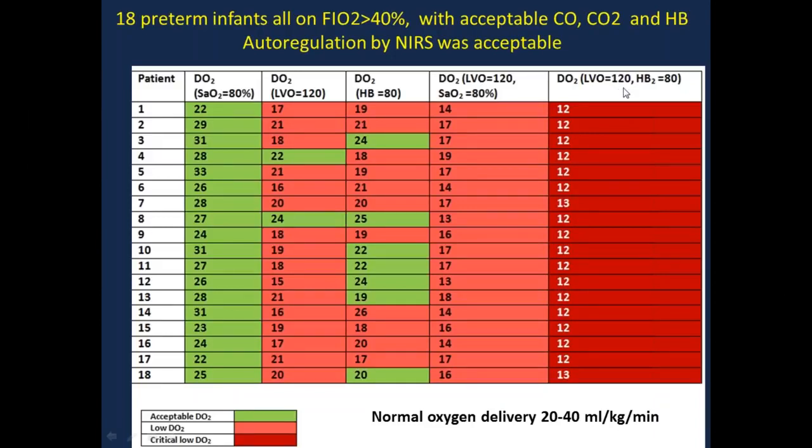We kept saturation the same, but reduced the cardiac output and the hemoglobin, and we recalculated the oxygen delivery again, and the result was critical. So now we understand from this study that cardiac output plus hemoglobin were the most important in the equation of oxygen delivery, more than saturation. And both of them were not considered in all of the oxygen trials done before.